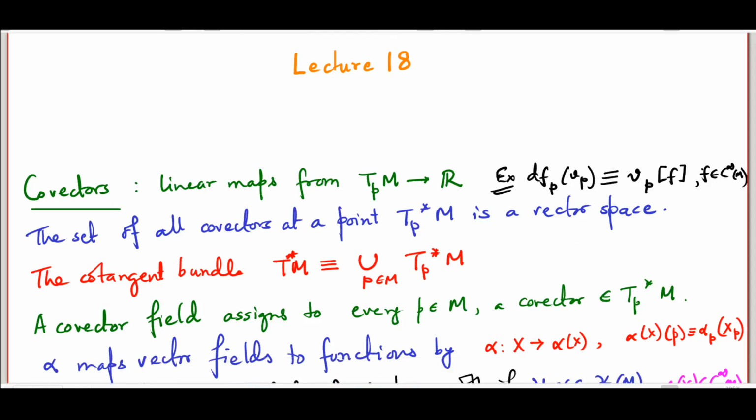A covector field alpha maps vector fields to functions by the following rule. Alpha acts on a vector field X to give you alpha(X), a function whose value at the point P of the manifold is defined to be the result of alpha_P acting on X_P.